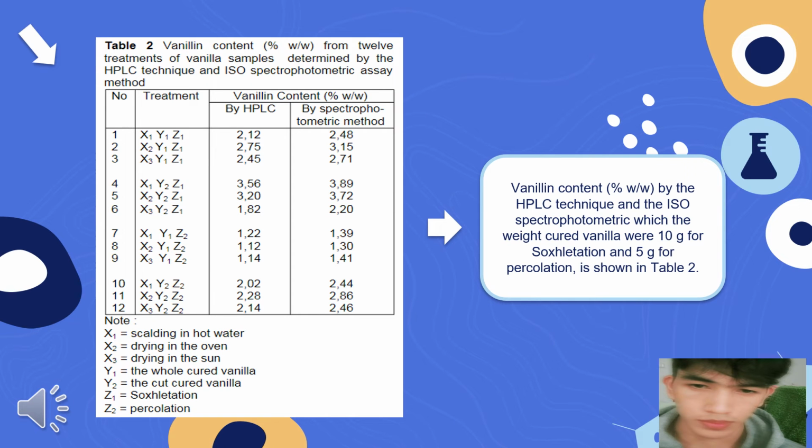Next, vanillin content percent weight per weight by the HPLC technique and the ISO spectrophotometric method, where the weight of pure vanilla was 10 gram for circulation extraction and 5 gram for percolation, is shown in Table 2, in which 12 treatments of vanilla sample were determined.